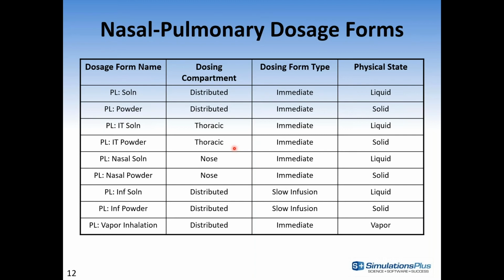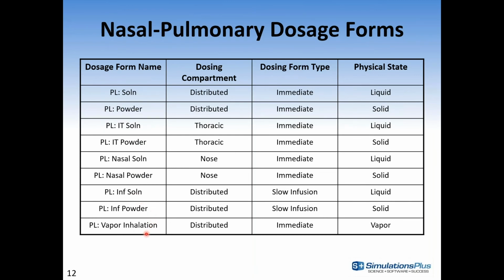We have for the pulmonary model a long list of different options, and the letters PL indicating that these models are associated for products which are going to be inhaled directly in, through the nose or through the mouth. And so we can model these products, whether the material is administered in a solution or powder form, through the mouth, through the trachea, through the nose, or something which may be infused over some period of time.